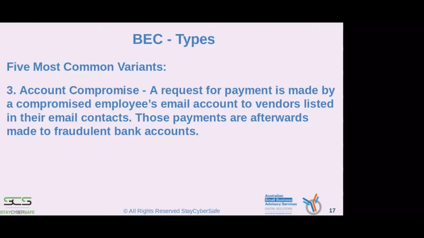And then using that person's compromised email, they're going to contact vendors listed in her or his email contacts, and then they will try to get more money out of the vendors. So using a compromised account to scam other people. And those payments are afterwards made to fraudulent bank accounts and then transferred to their own accounts, just to hide tracks again.